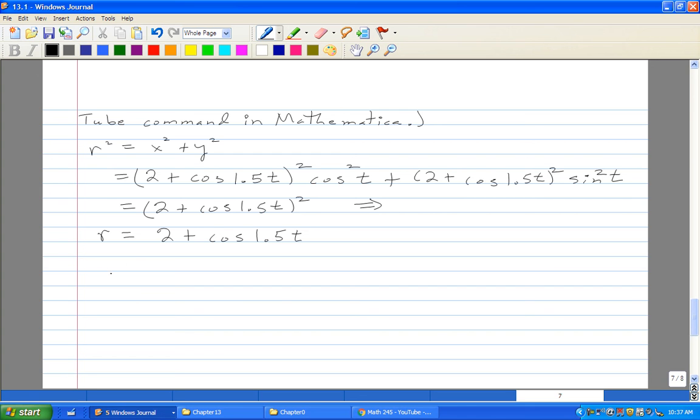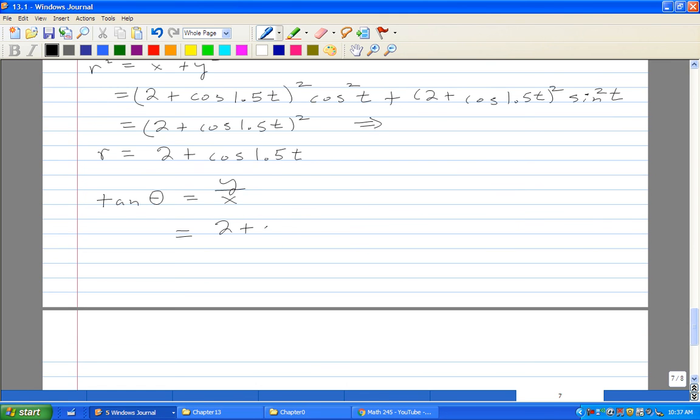Tangent of theta is equal to y over x. And so this is equal to 2 plus cosine 1.5t sine t over 2 plus cosine 1.5t cosine t.